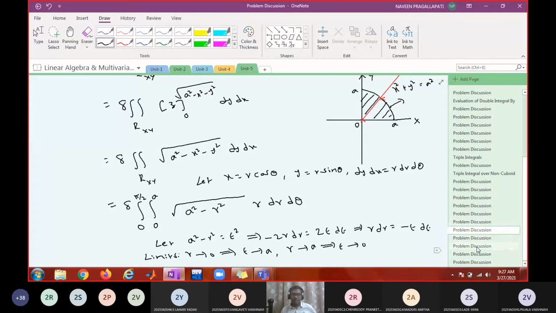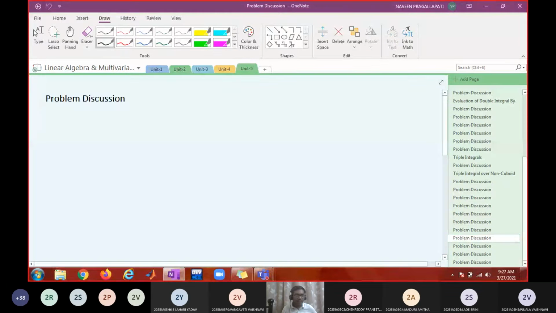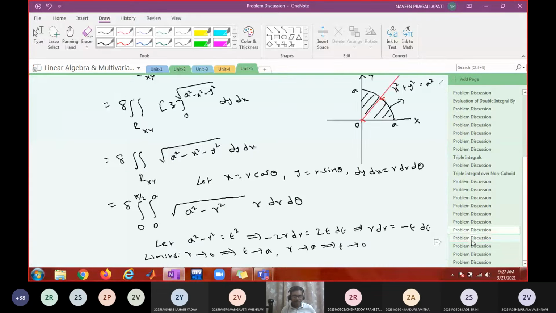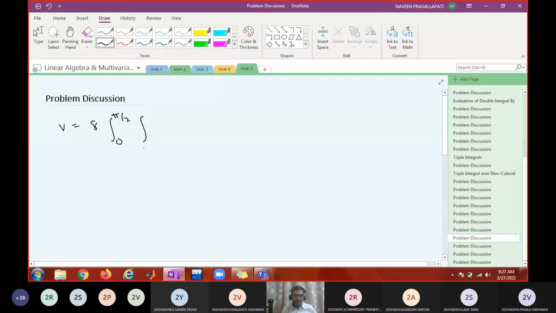Yes, sir. So therefore volume will be equal to 8 times integral 0 to pi by 2, a to 0, root of t square, r dr will be minus t dt, d theta.